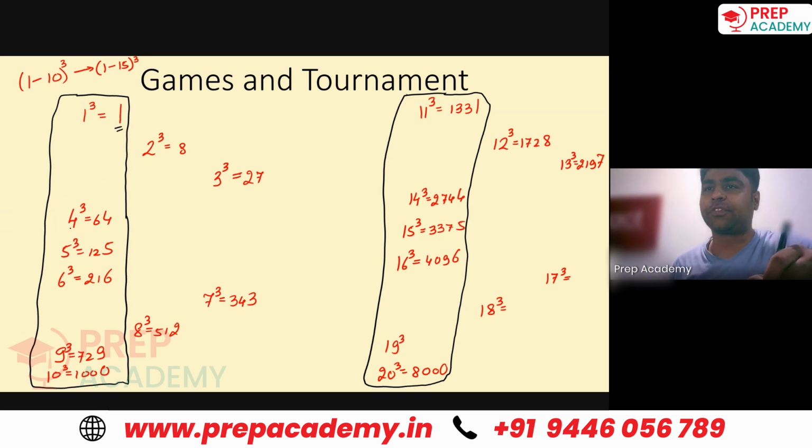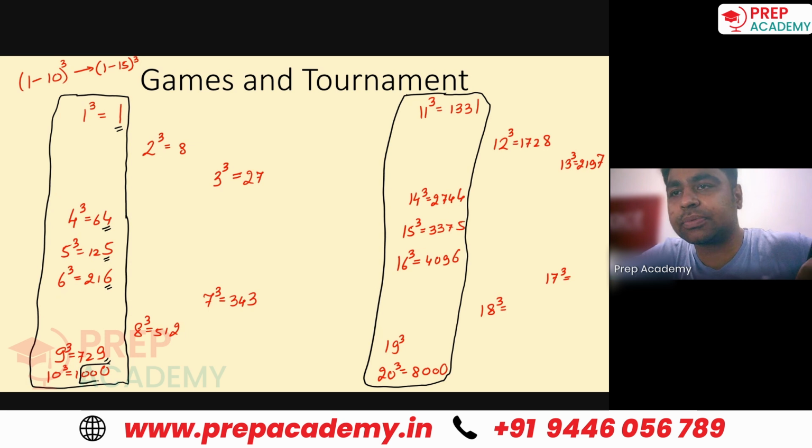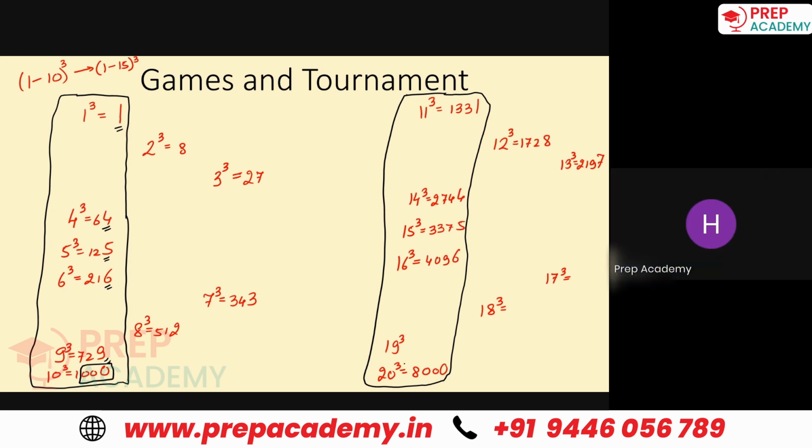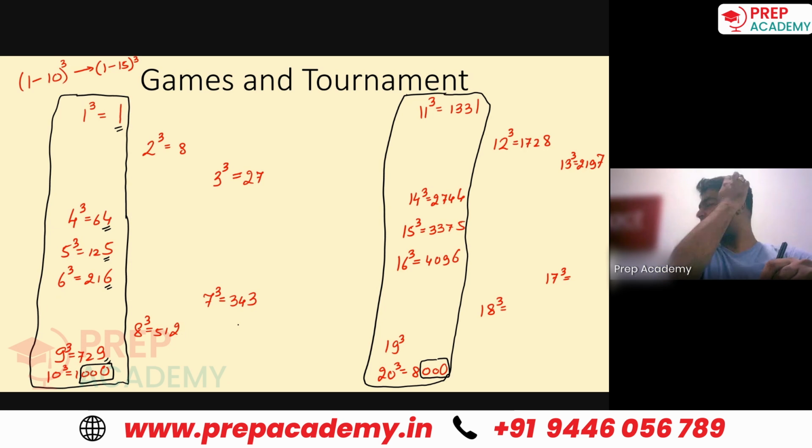Any number ending with a 4, its cube will end with a 4. Any number ending with 5, its cube will end with a 5. Any number ending with 6, its cube will end with a 6. Any number ending with 9, its cube will end with a 9. And any number ending with 0, its cube will end with 3 zeros. Oh, yes, sorry, 3 zeros. So these are the straight numbers.